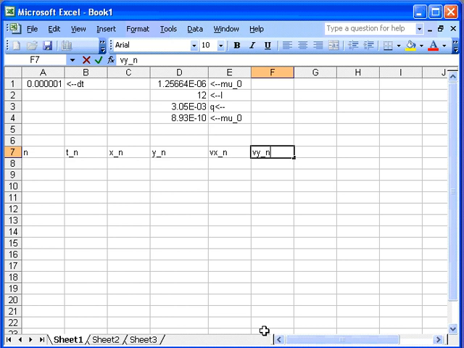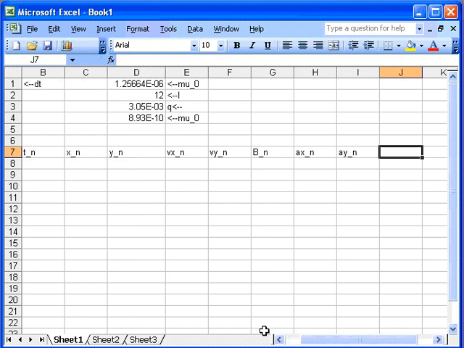Vy sub n, and then we had a B sub n, and then Ax sub n, and Ay sub n, and then we went to the halves.